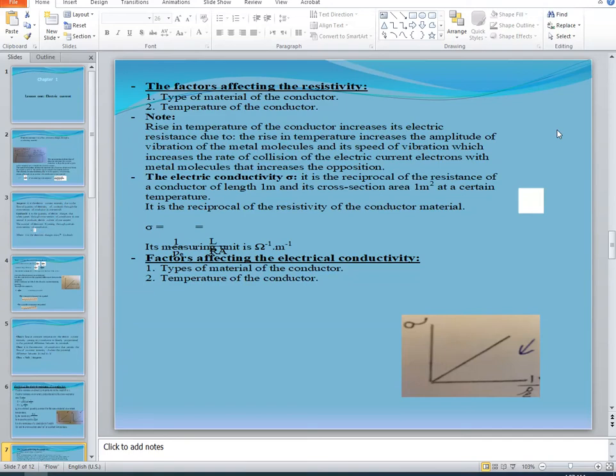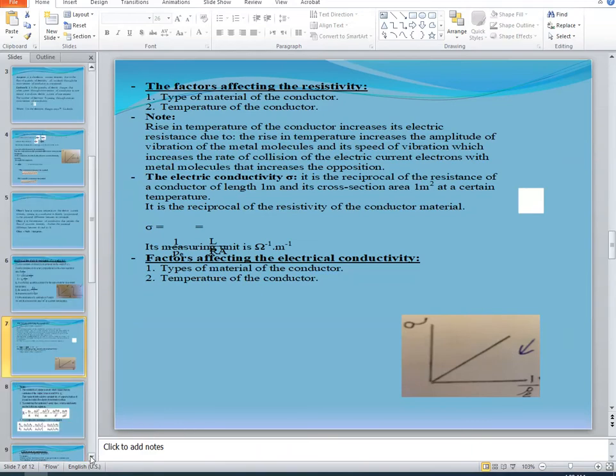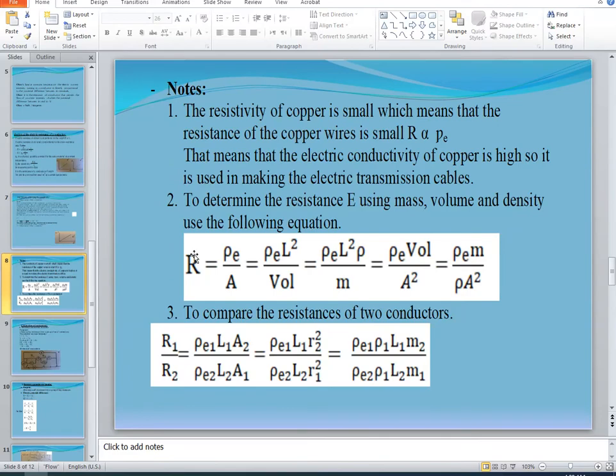We can recognize the material depending on the value of resistivity rho E or conductivity sigma. And as you see here, sigma is inversely proportional to rho E, the resistivity. So the line between sigma and 1 over rho E will be a straight line that passes through the origin point.